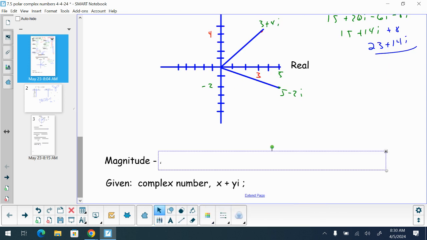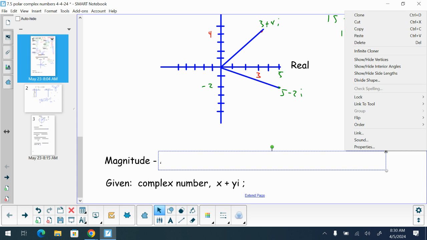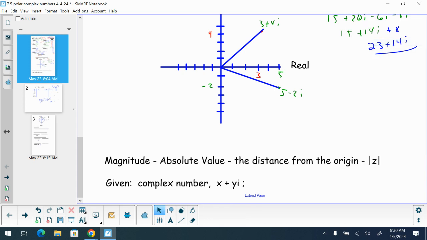But when we talk about a magnitude, once again, it is the distance. When we talk about magnitude, it is the length of a vector. We talked about that before. But it's also the absolute value or the distance from our origin.